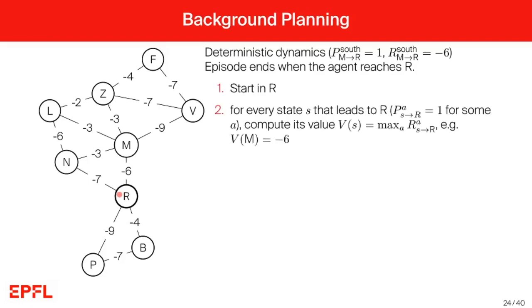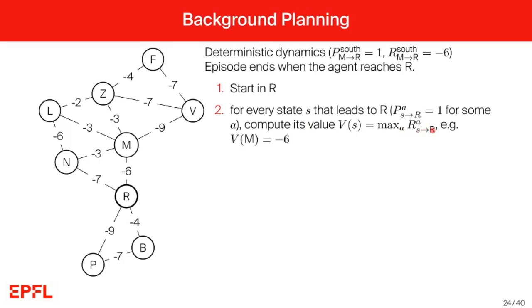A simple method is the following. You start in Rome, and now for every state S that has a non-zero probability to go to Rome by taking some action A, one computes the value of that state by just taking the maximum over all the actions that lead to Rome.